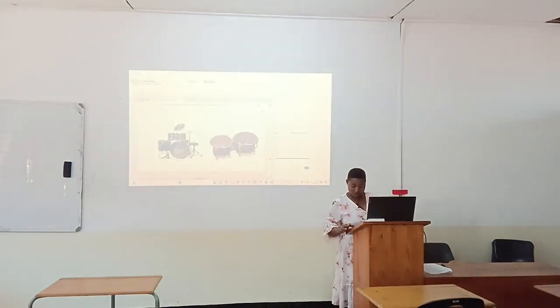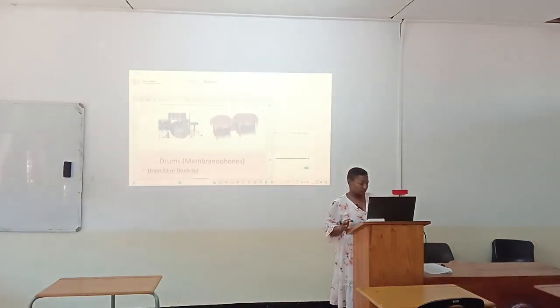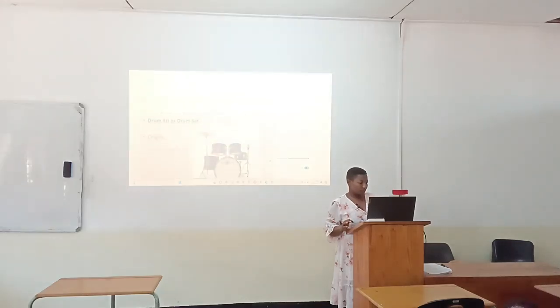Let's see other categories and see where we can place those ones. So other drums, it's a kit. You cannot buy one. When you're buying this kind of drum, you have to buy the whole set.